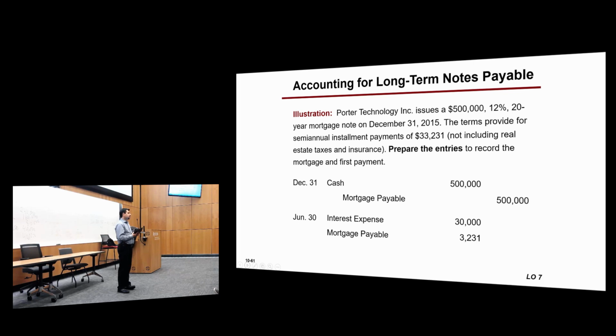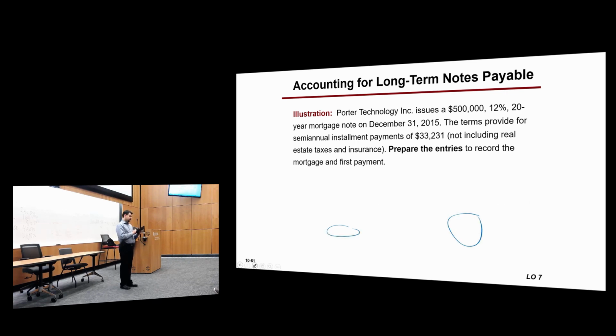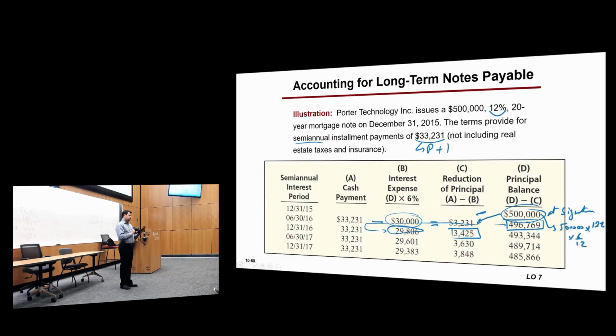They will debit loans payable, notes payable. In this case, because it's a mortgage, they will debit mortgage payable. They will also debit interest expense. Those are the two amounts, as you can see from this table here: the 30,000 and the 3,231.